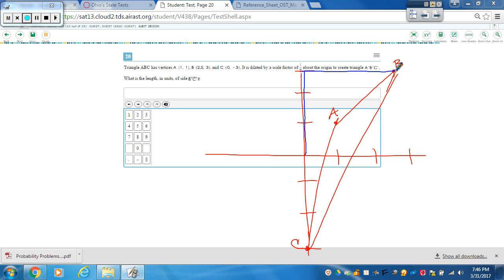Whatever that distance is, I'm going to go halfway up and halfway over. So halfway up would be 1.5, and halfway over, now again, this is 2.5, so 1 1/4. Actually, it should be on that line right there if I drew it straight enough.